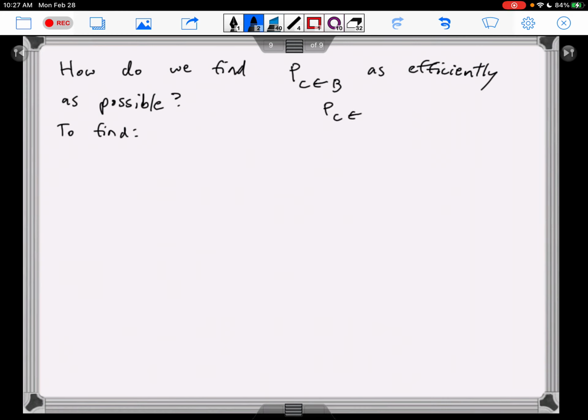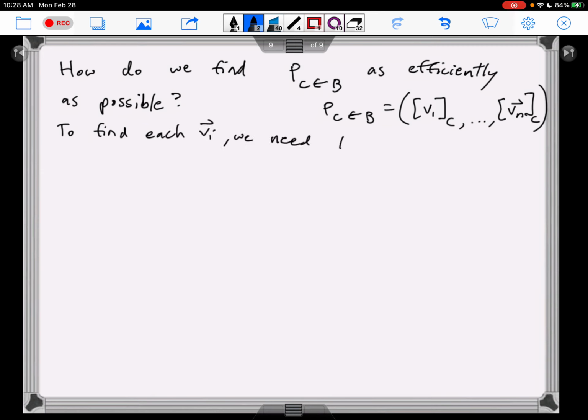So remember, this change of basis matrix, as we said, is actually equal to V1 relative to C, V2 relative to C, all the way to Vn relative to C. But we know to find each Vi, we have to solve a system of equations, right? What's the system going to be?